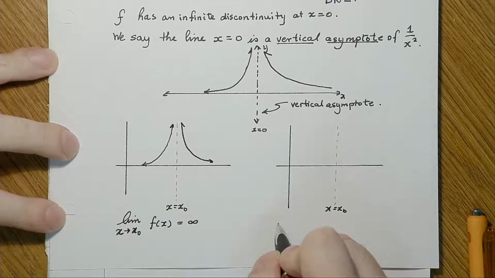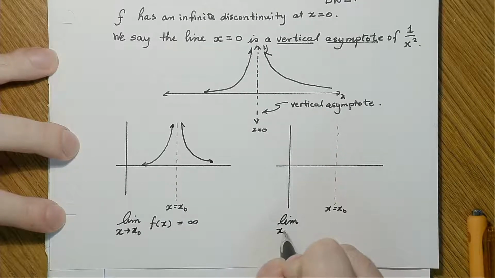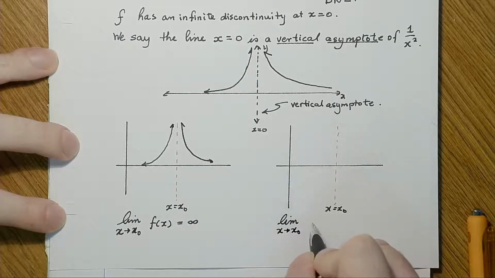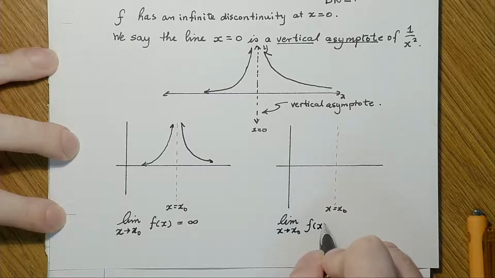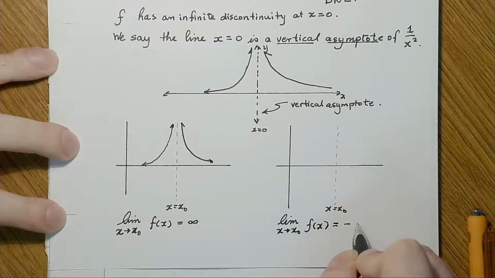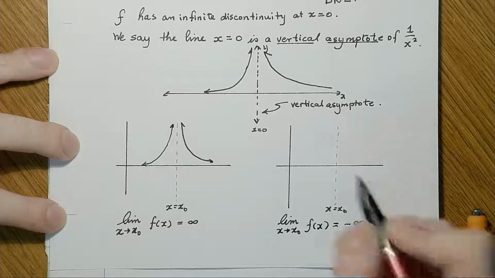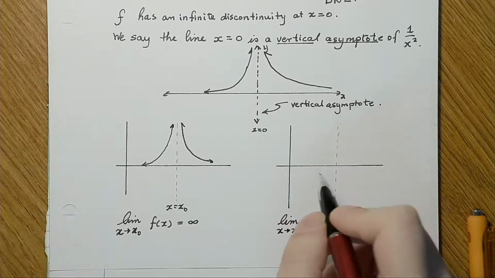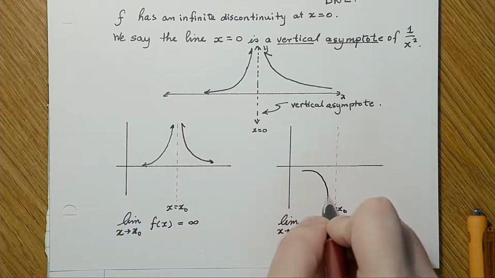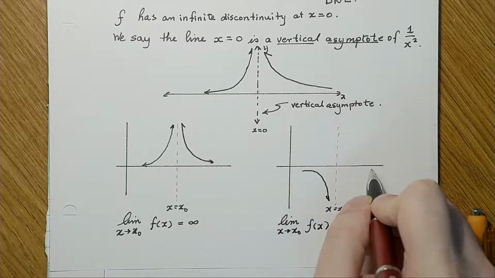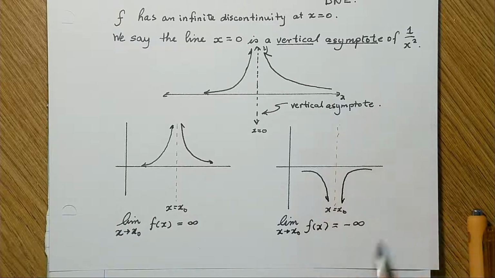And similarly, if I look at this function, and I say that it's going to negative infinity, what that means is it's going off to negative infinity on the left-hand side, and it's going to negative infinity on the right-hand side.